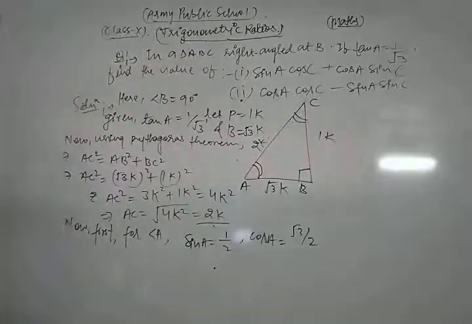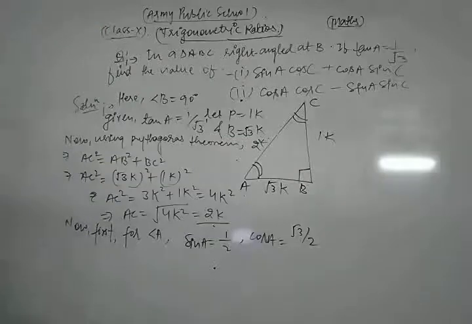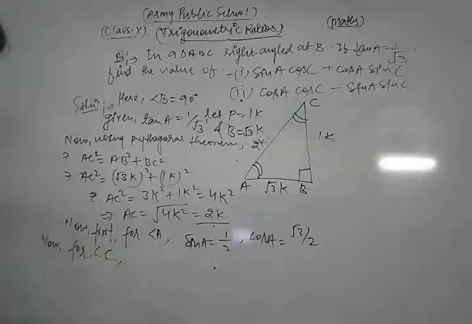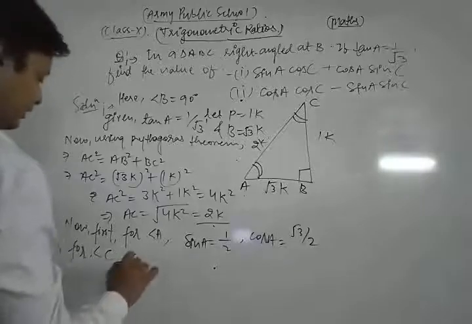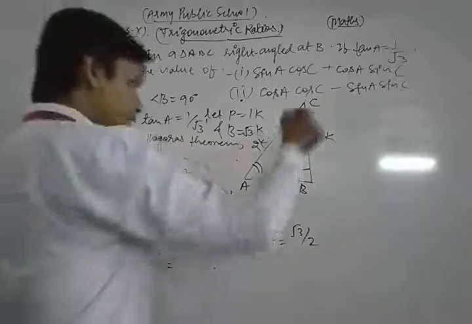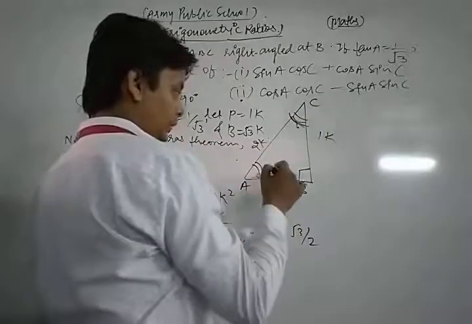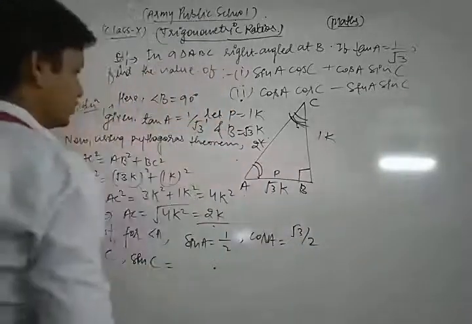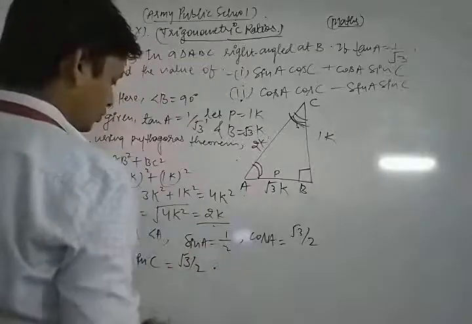Now, for angle C. Sine of angle C: the side opposite to the measuring angle is the perpendicular, so sine of angle C is perpendicular upon hypotenuse, that is root 3 upon 2.